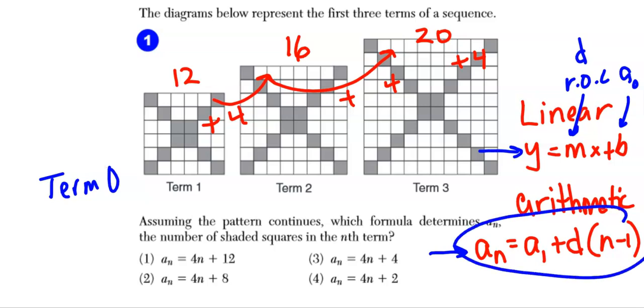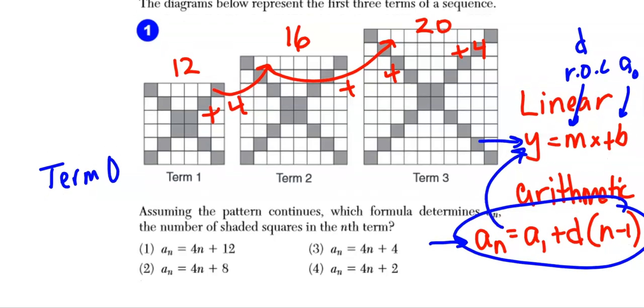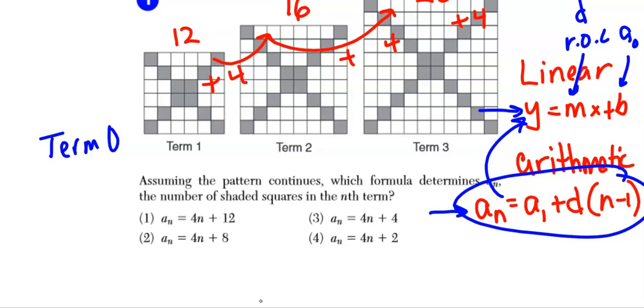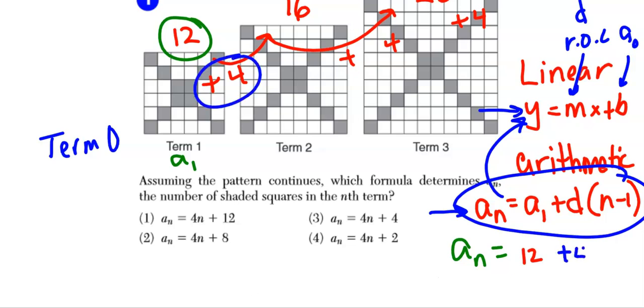So I'm going to use this formula here and manipulate it so that you can get it back to that formula if you don't quite have all that understanding. So the answer in the n position is equal to the answer in the first position. So for us, that's 12, plus the common difference, which is 4, times the quantity n minus 1.